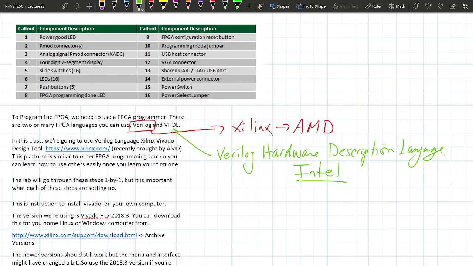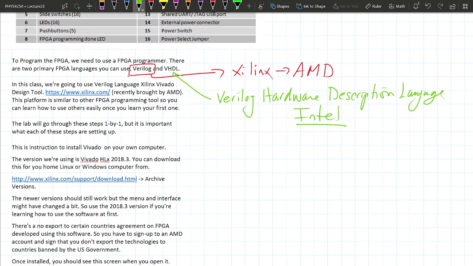So if you don't want to deal with these local computers, install it yourself. There's instruction on how to install it, and we're using this specific version from 2018. The reason we don't update to 2019 or 2023 is because then we would have to change all the instructions all the time, and this software changes on a monthly basis.